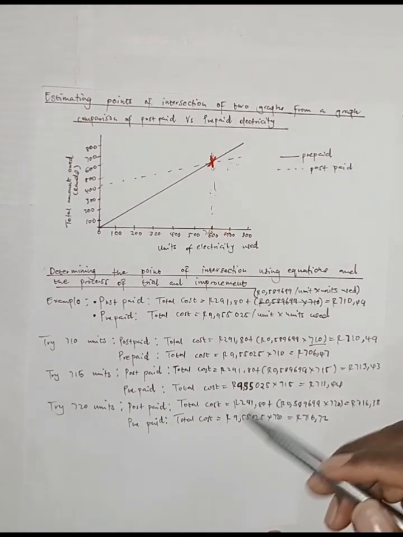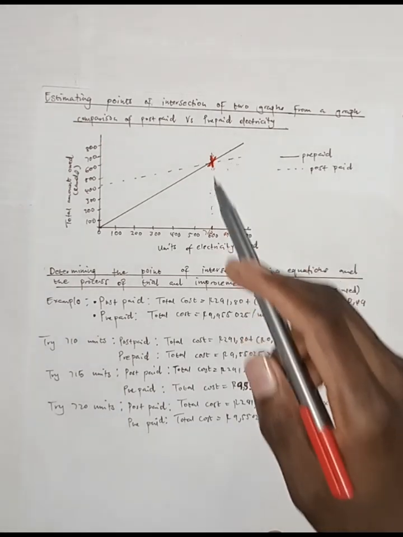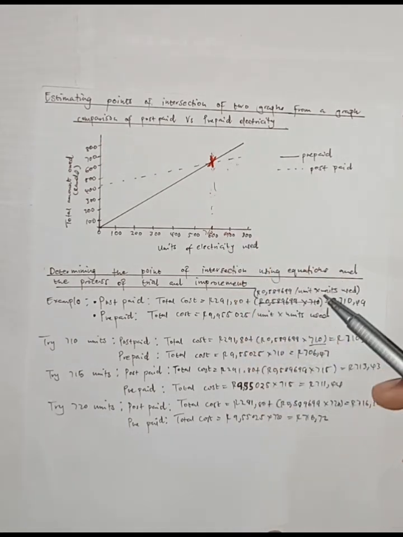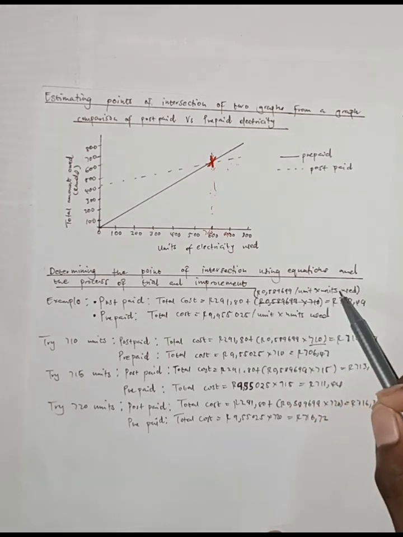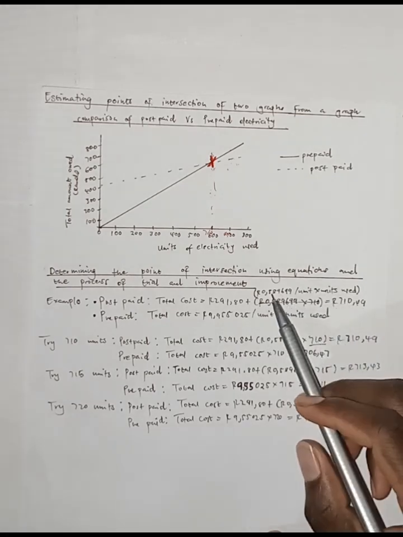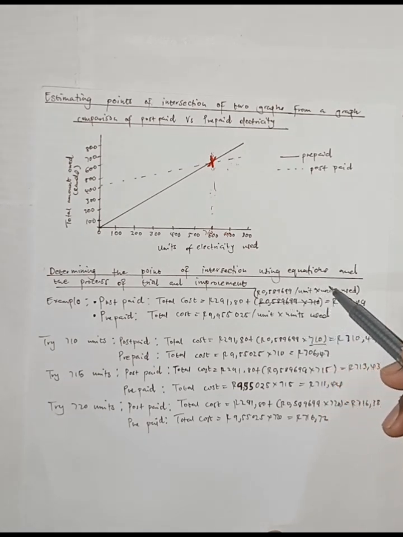The thing here is to try to find the point of intersection of these two graphs using trial and improvement, or with given equations. Here this is a constant, and then here it says unit times units used.